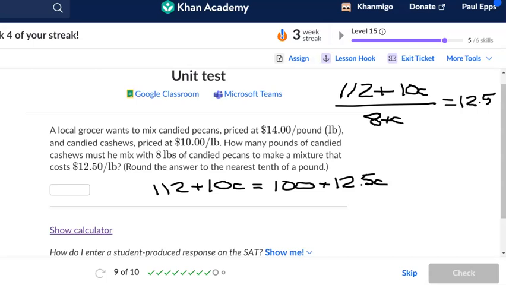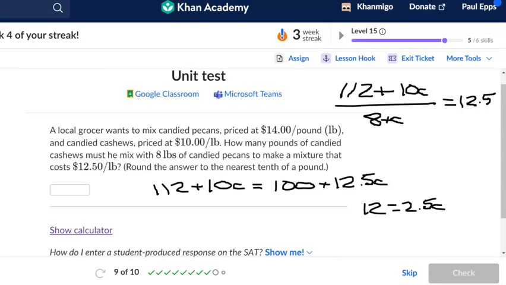So subtracting 100 from both sides, we're going to get 12, and subtracting 10C from both sides, we're going to get 12 equals 2.5C.